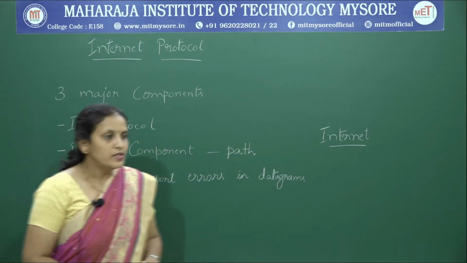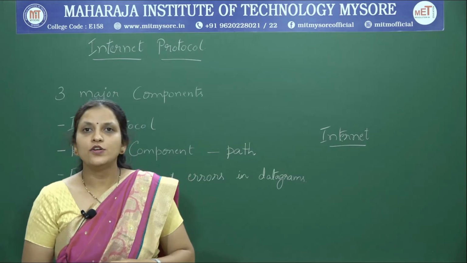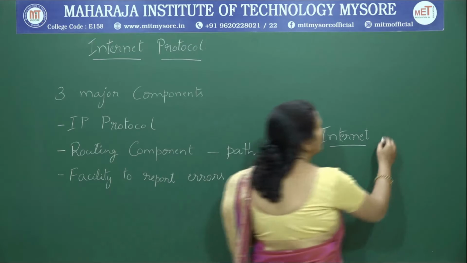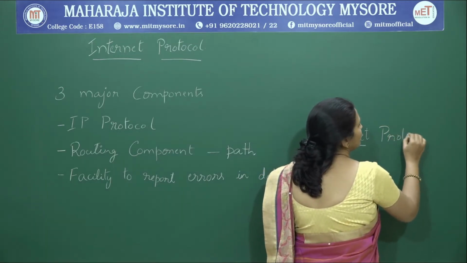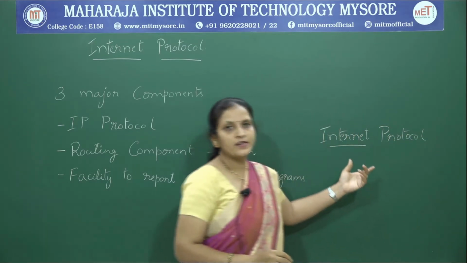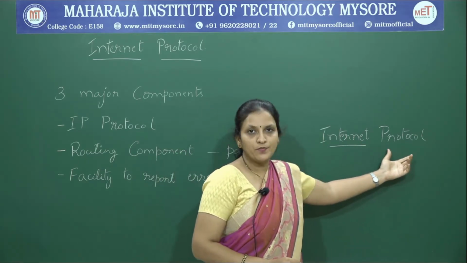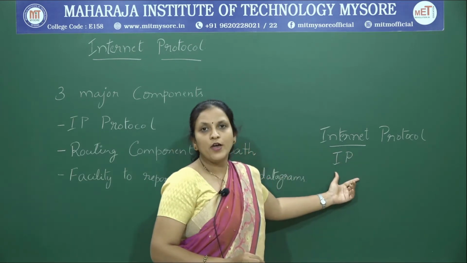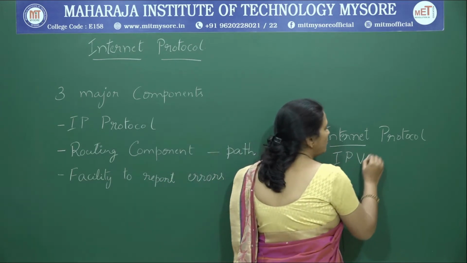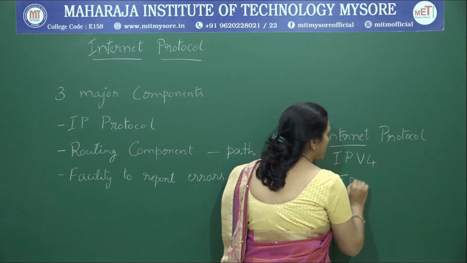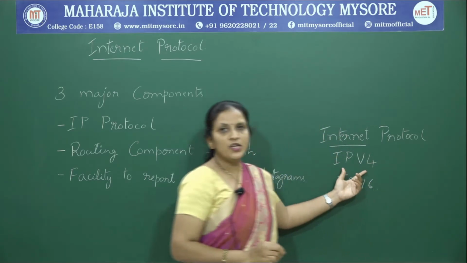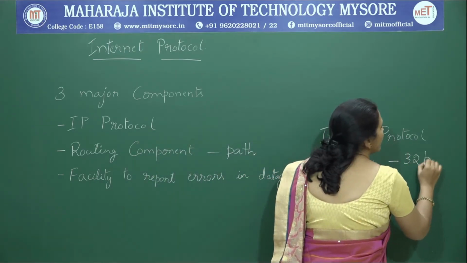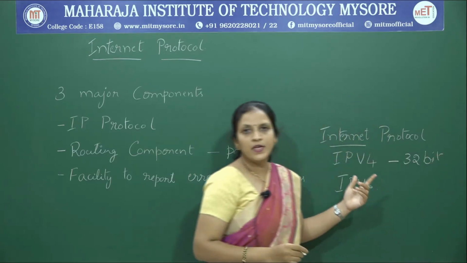The internet performs addressing and forwarding through the internet protocol, which we call IP. In IP we have two versions, that is IPv4 and IPv6. Initially we started with IPv4, which had a 32-bit space for IP addresses.